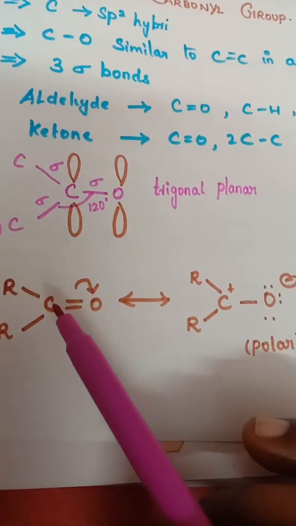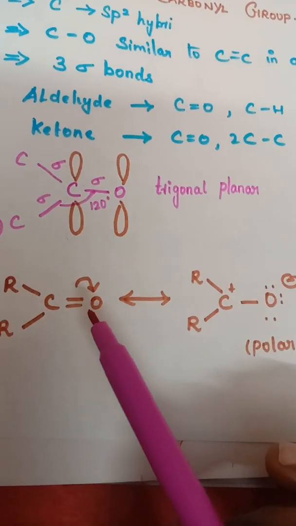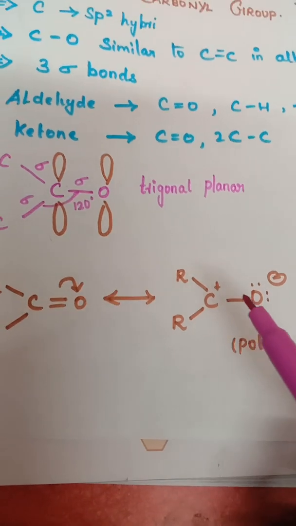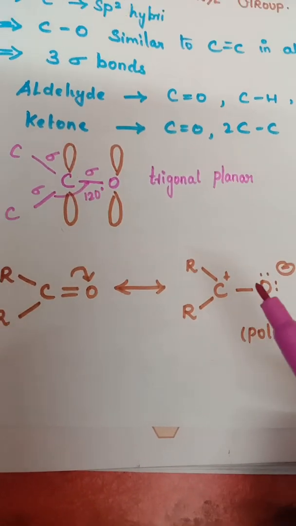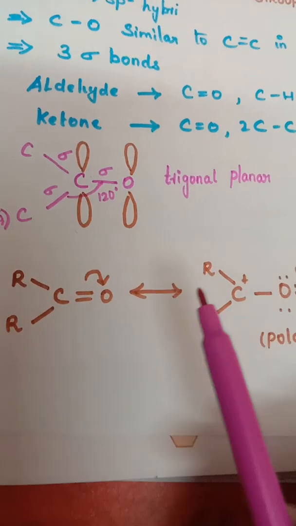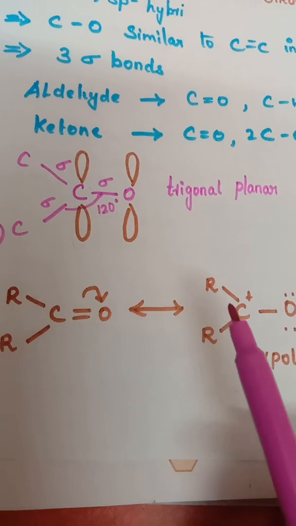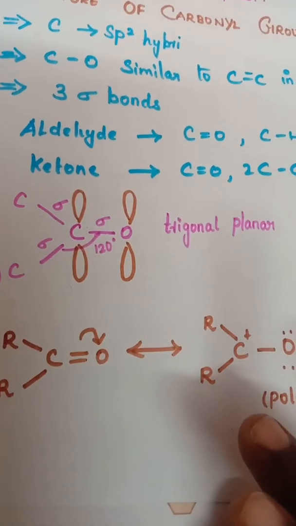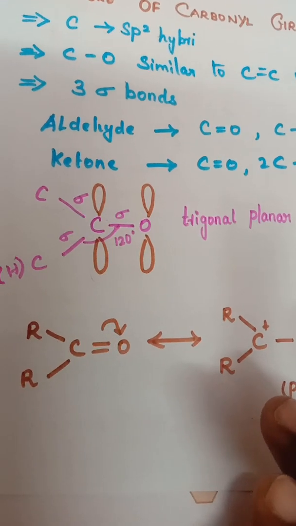Since a positive and a negative charge are present on the same molecule, you say it is a polar molecule, and the bond here is a polar bond. Due to this polarization, aldehydes and ketones are highly reactive when compared to other functional groups. Understood? Hope you understood. If you are not able to understand, you can ask me.